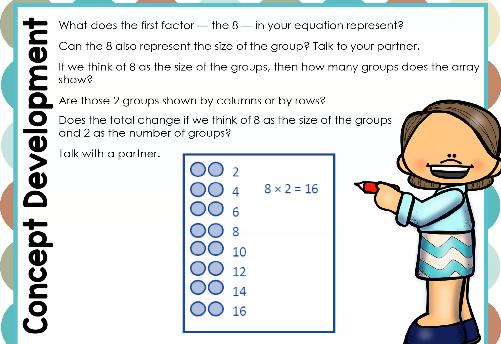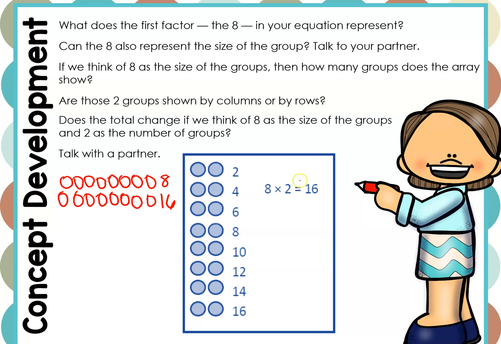So I'm going to go ahead and draw that array right here for you to see what I'm talking about. So right here we have 8 rows or 8 groups of 2. So if I were to draw, so here's one row of 8, 2 rows of 8. So that's taking this array right here and just turning it on its side. So then I would do my skip count by 8s and have 8, 16.